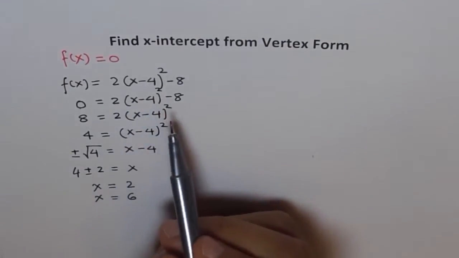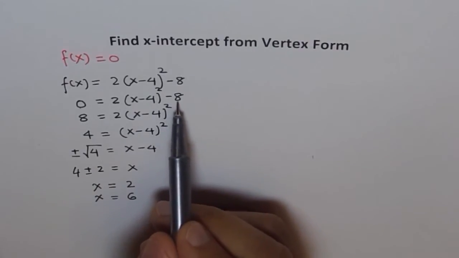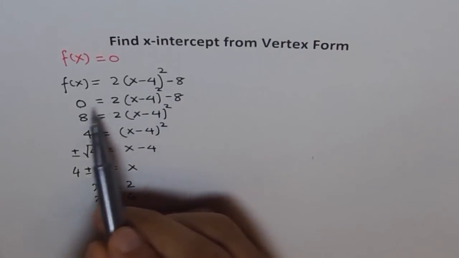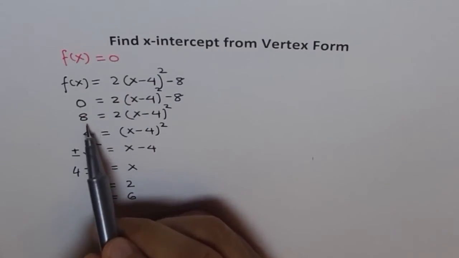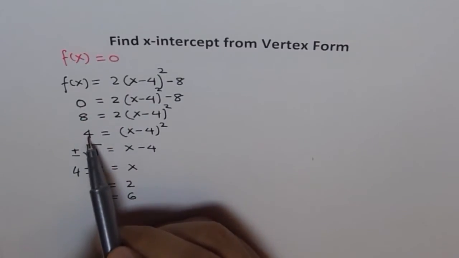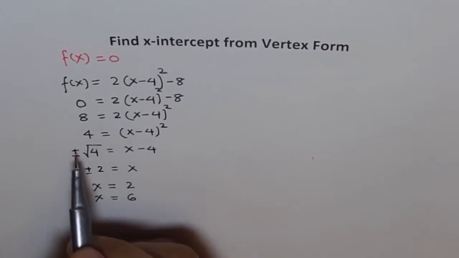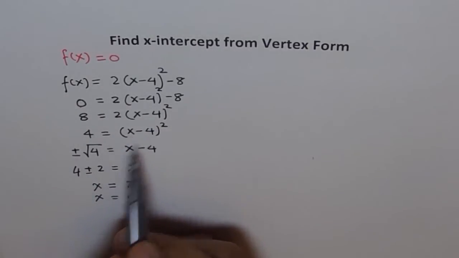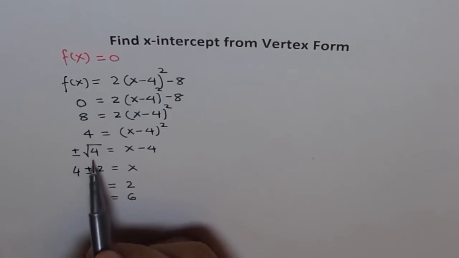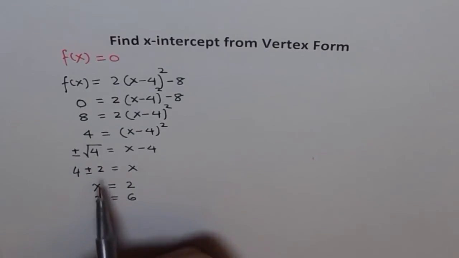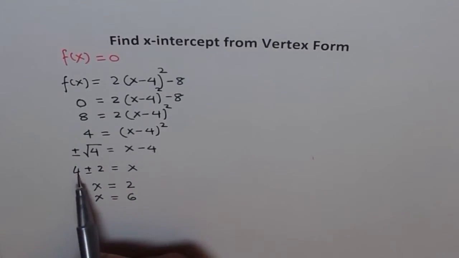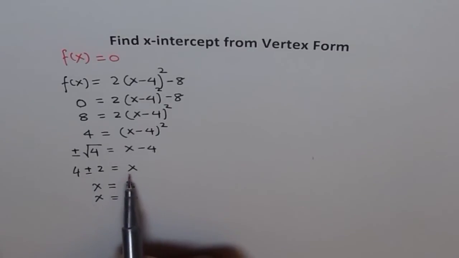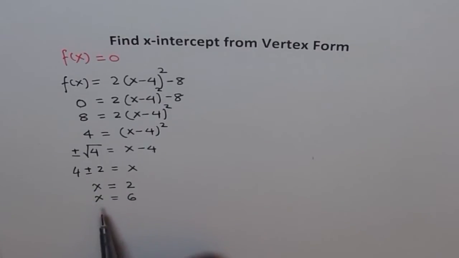Follow the right order. Take the constant to the other side, which becomes plus 8, divide by 2 to get 4, then take the square root, and don't forget to write plus and minus. Then you're left with x minus 4, and on this side you get plus or minus the square root of 4, which is 2. Bring over the 4, and you get 4 plus or minus 2 as x. So that gives us two x-intercepts.